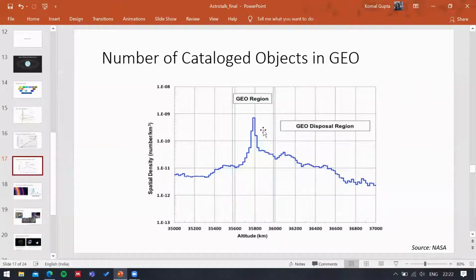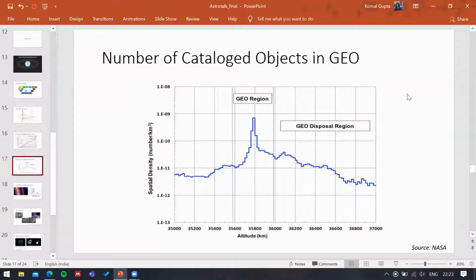Another such visualization is this one, which shows you the number of cataloged objects in GEO. Now, there's a bit of a catch here, because only objects that are greater than 10 centimeters across can be tracked by the system that we have right now.